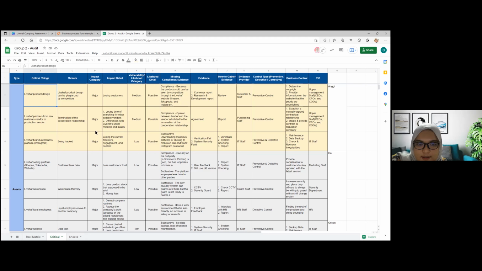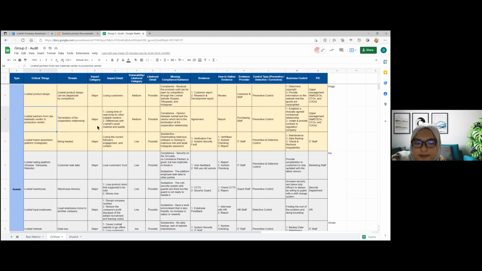The second critical thing is Livehaf partners, from raw materials vendors to production vendors. And the threat is termination of the cooperation relationship, and the impact category is major.